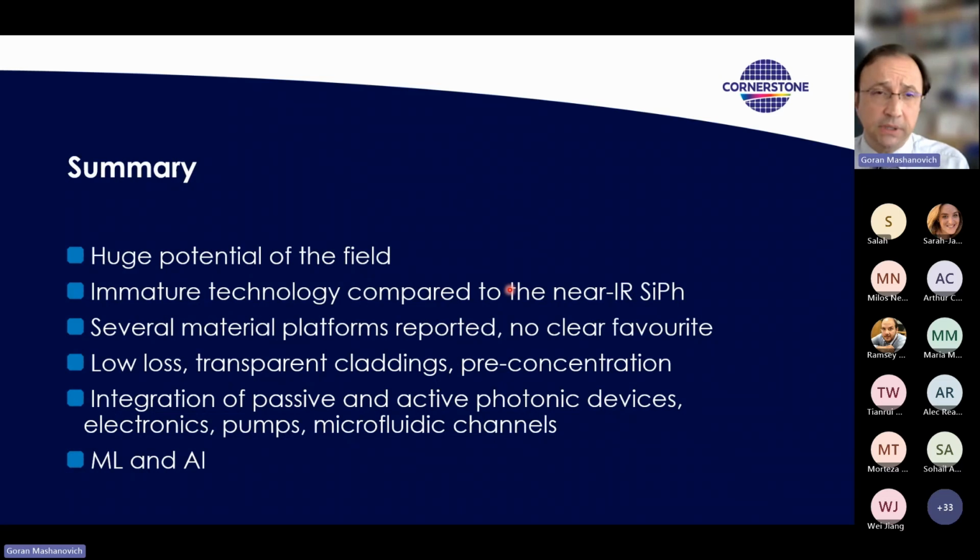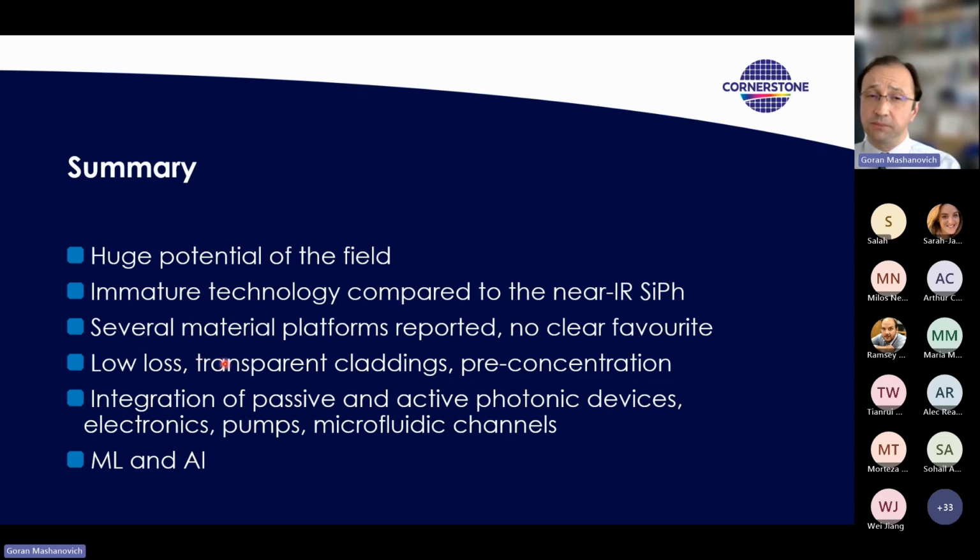So finally, summary: there is a huge potential of this field. We can really say that it's immature technology compared to the near-infrared silicon photonics. So the lasers are not as good, detectors as well. We still need to work on low-loss devices. There are several material platforms, so no clear favorite, like maybe near-infrared, where we have SOI.